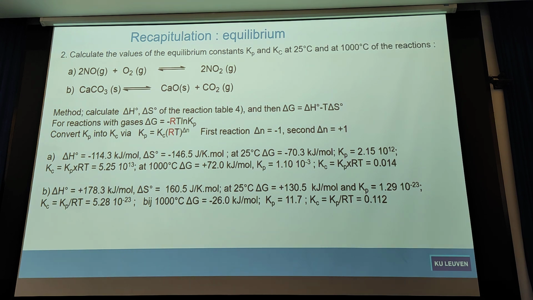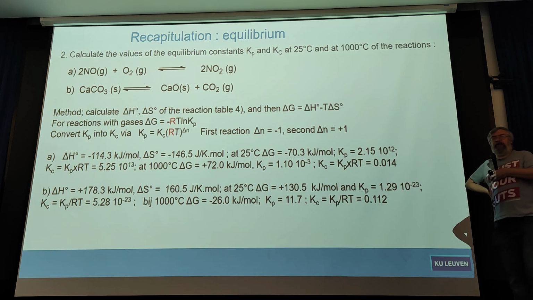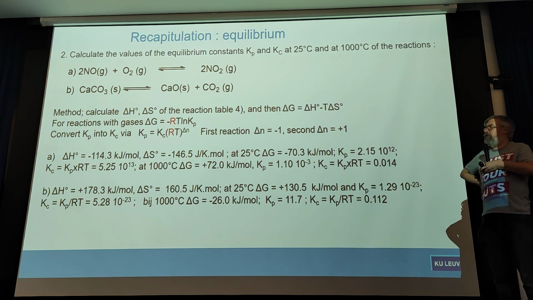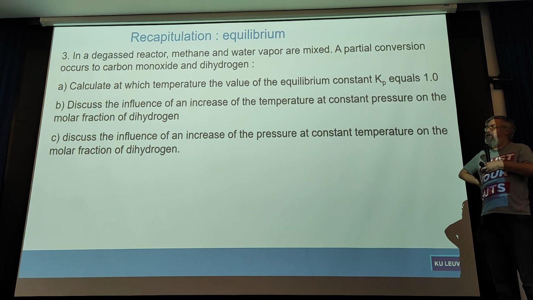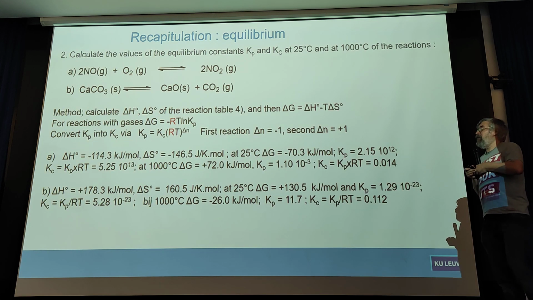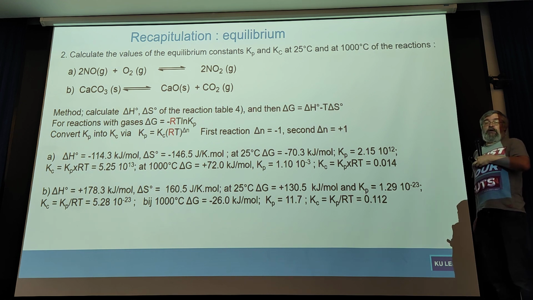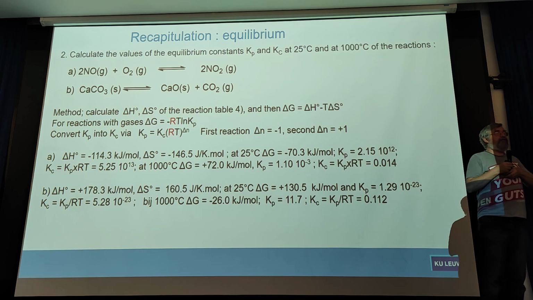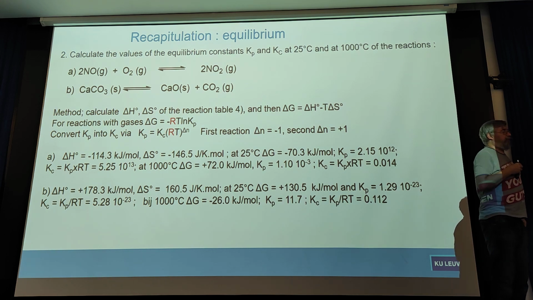Kc, well, in fact, Kc divided by RT is Kp, so if you bring RT to the other side, that is going to be the value. So it's also a quite big number, 5.25 10 to the 30th. So this is clearly an equilibrium that is to the right.